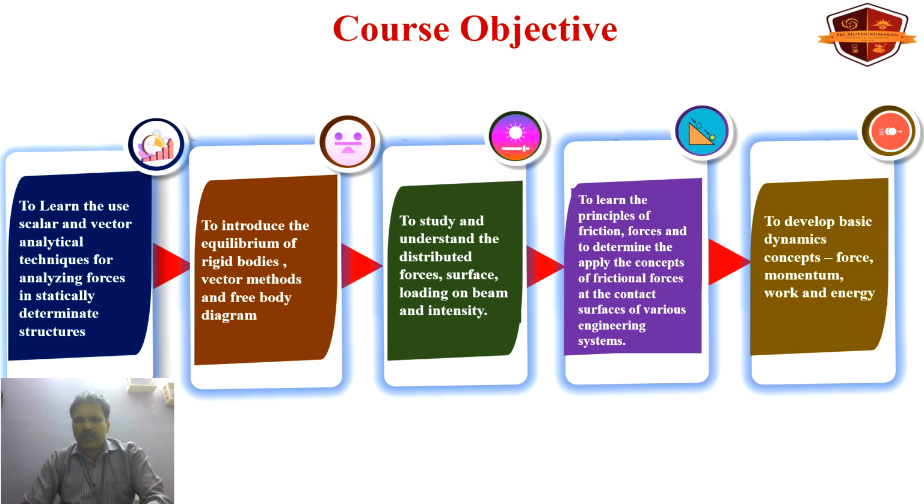The fourth objective is to study the frictional forces at various contact surfaces. And finally, the main objective is to study dynamics, the concept oriented with force, momentum, and work and energy. These are the main objectives the students will study at the end of this course.